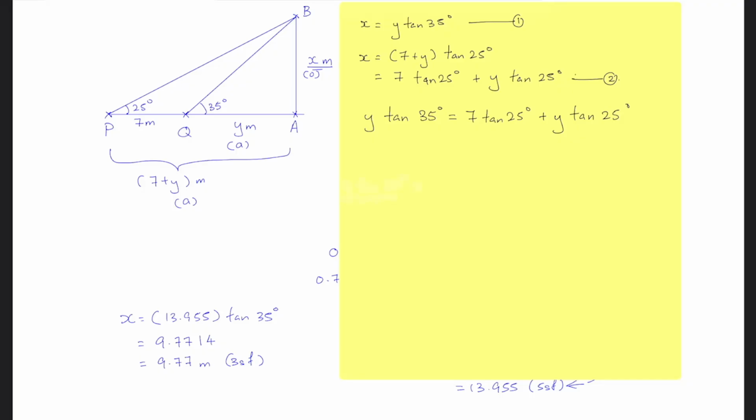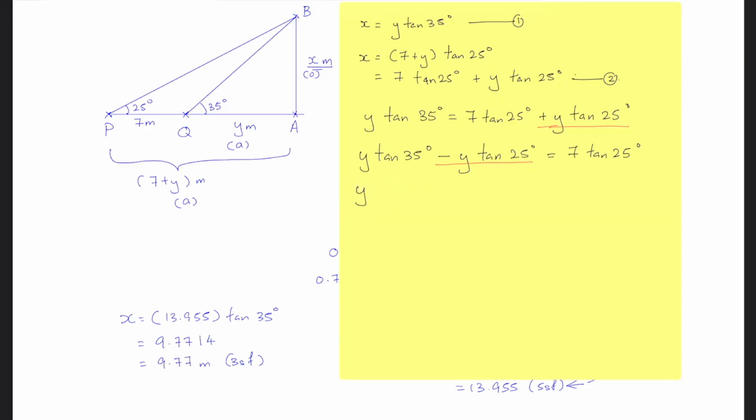Then we'll put all the y together. So y tangent 35 degrees minus y tangent 25 degrees equals to 7 tangent 25 degrees. You see what I did there? I move this over to the left hand side, then it becomes minus. After that, the next step would be factorize out the y.